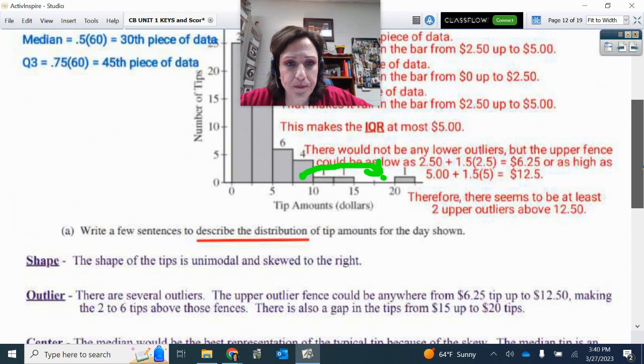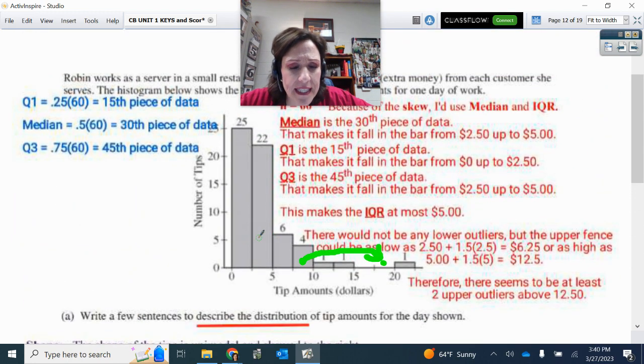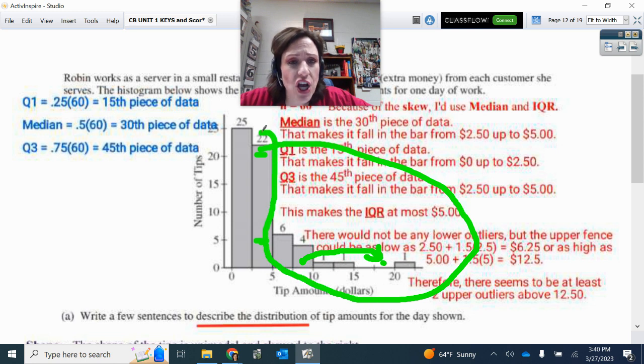So let's talk about that. The median is located right here, I believe is where we said it was. So here is the median. Okay. Furthermore, the 45th piece of data, look, here was that Q3. Okay. So this here is the top quartile, the top 25% of data.